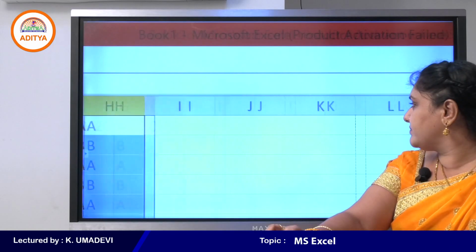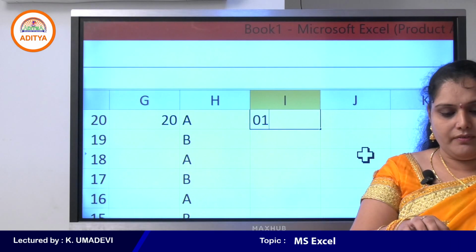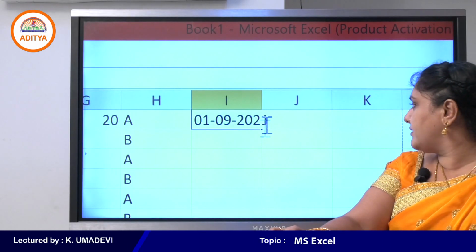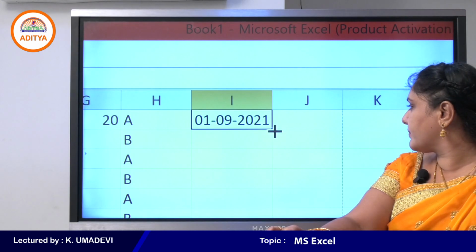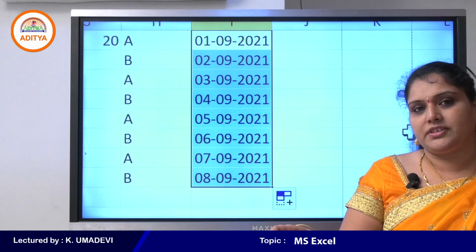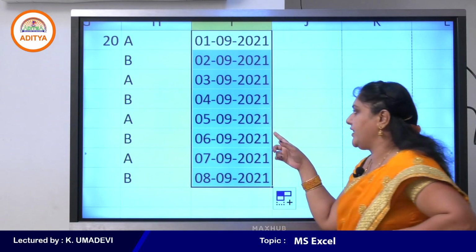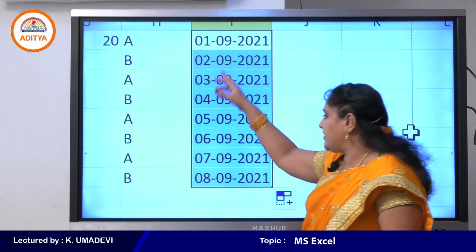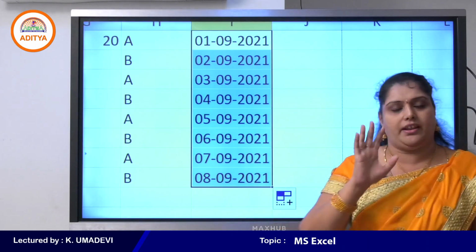For example, enter the date 1, 9, 2021. It will automatically display the next date, that is 2/9/21, 3/9/21. Okay, month and year remain the same, whereas the date will change here, right? So 1, 2, 3, 4, 5, 6, 7, 8.